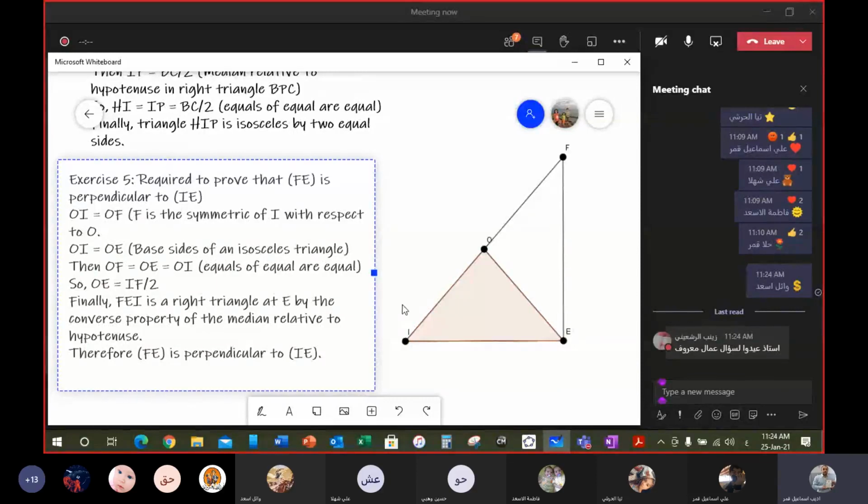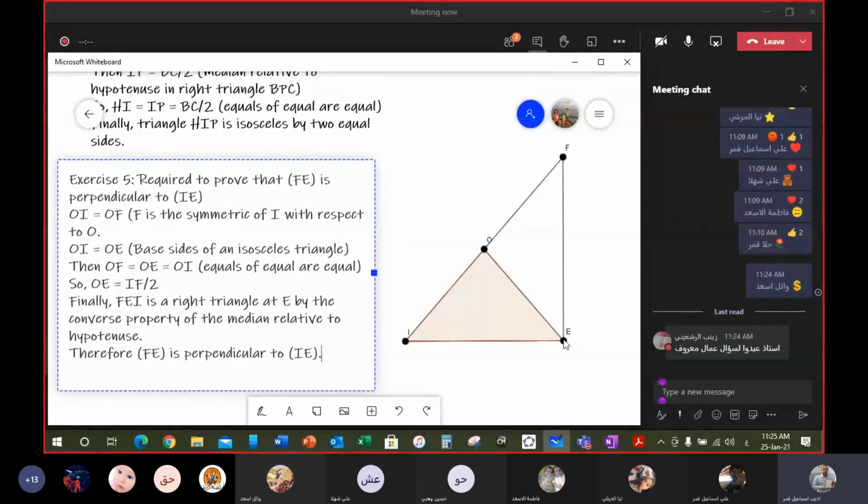We start by saying OI equal OF by symmetry and OI equal OE base sides of an isosceles triangle. Finally, we have OI equal OF equal OE, equals of equal are equal, and OE then is equal to IF over 2.